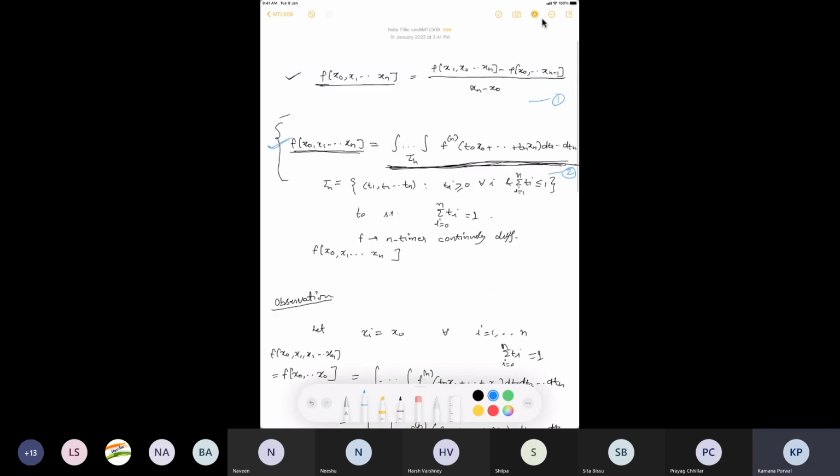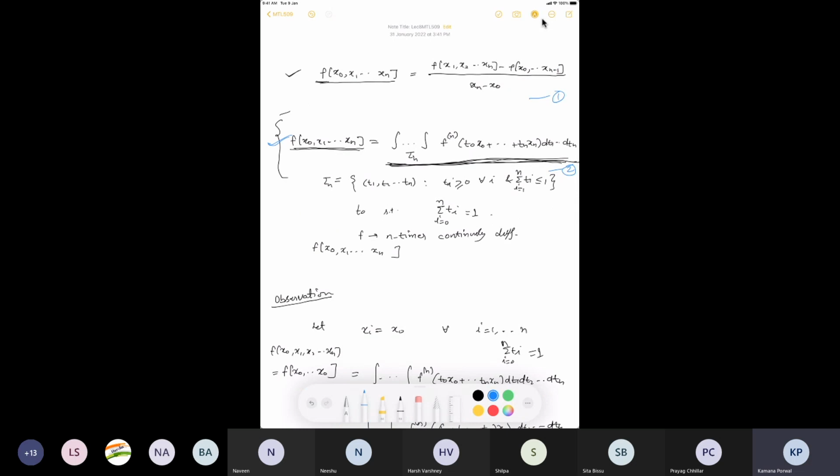But I just wanted to point out one property of these divided differences again. Note that we know that these divided differences are related to the derivative of the function, right?